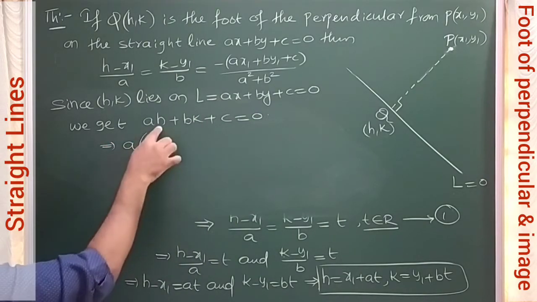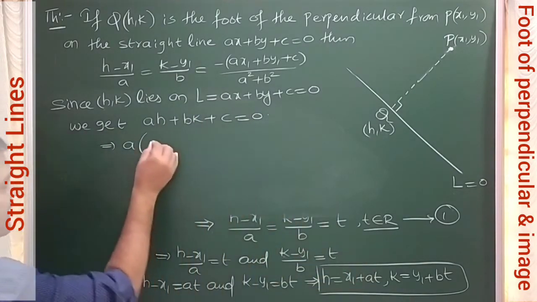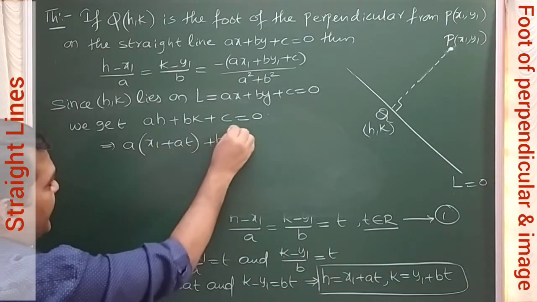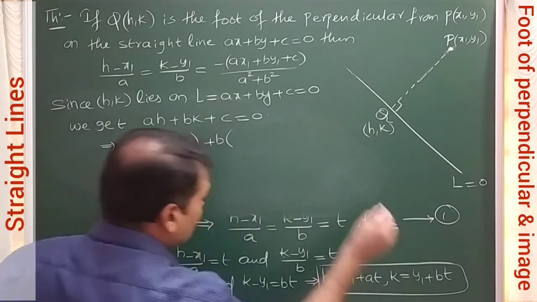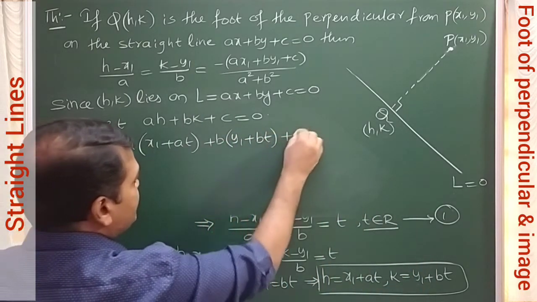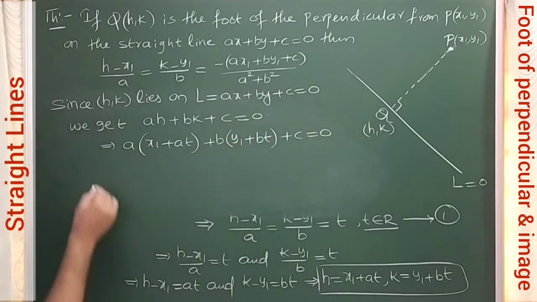So a into, what is h now? x1 plus at, plus b into, in place of k, y1 plus bt, plus c is equal to 0.